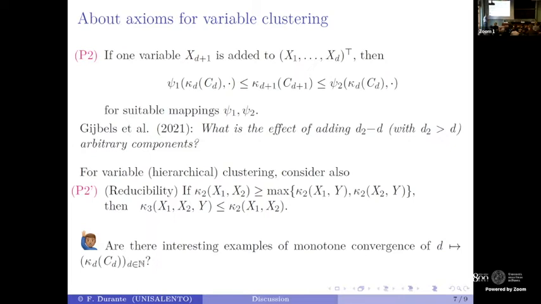This immediately poses the question of what happens in the limit, when you add variables to your clustering procedure, and somehow you want to have some kind of, I'm not technical here, monotone convergence of the sequence of association measures. Clearly, it is difficult to find a natural example where you may really obtain this monotone convergent sequence. And the question is whether there are some ideas about this.